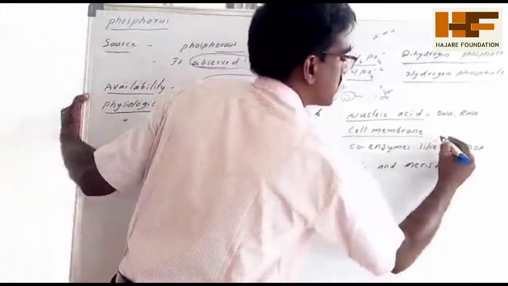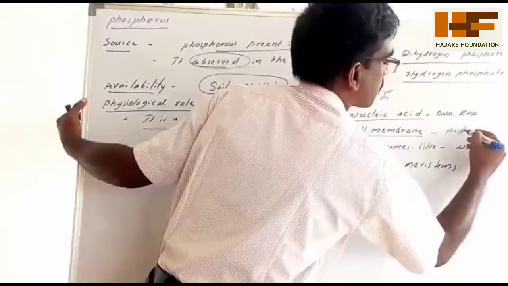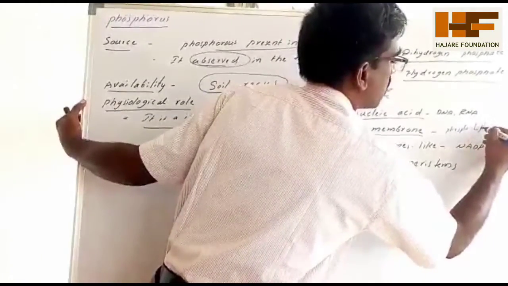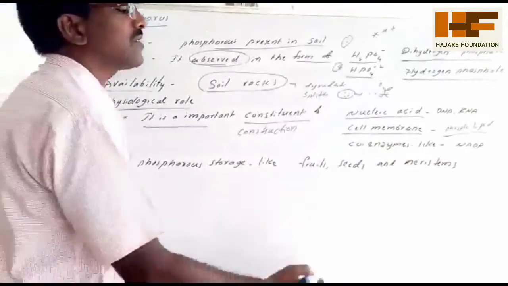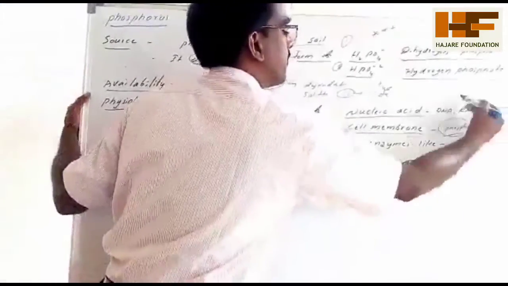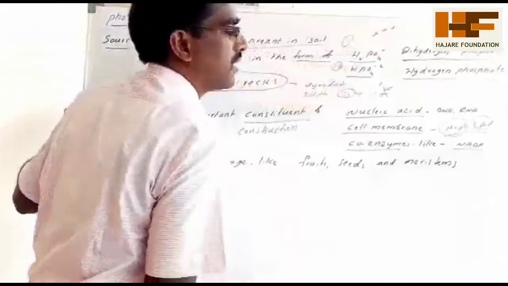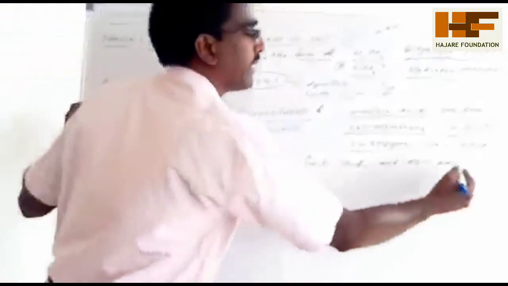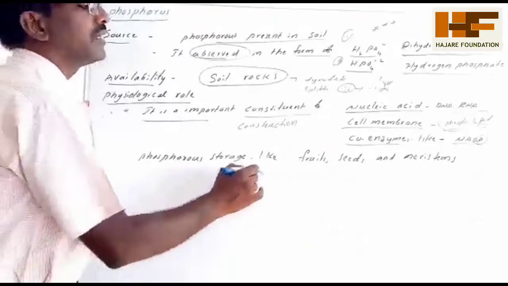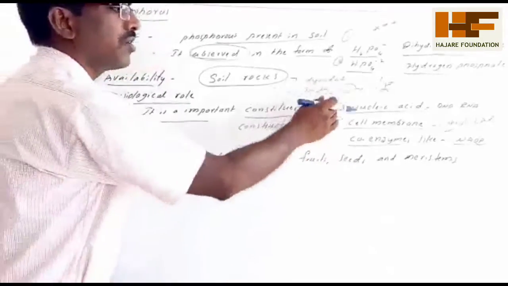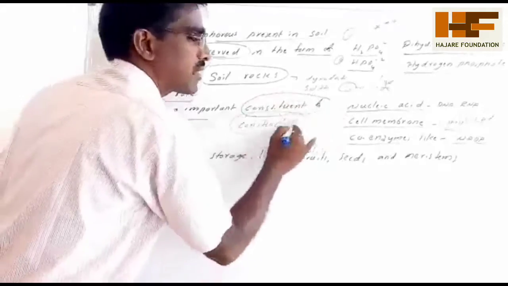As you know already, the cell membrane is made up of phospholipids. Phosphorus is present along with the lipids, and also in coenzymes like NADP, nicotinamide adenine dinucleotide phosphate. So coenzymes are constructed, the cell membrane is constructed, and nucleic acid is constructed. Constituent actions mean construction actions.